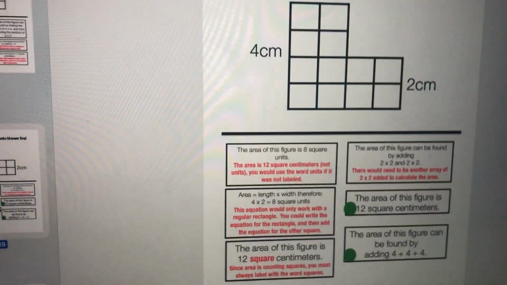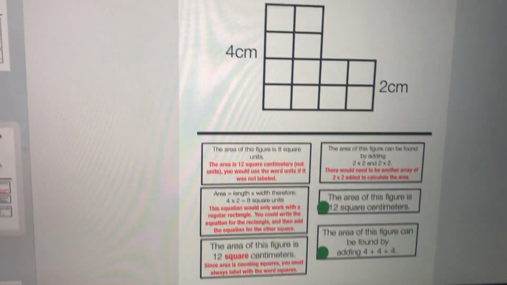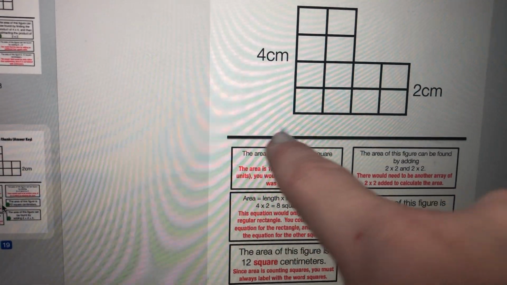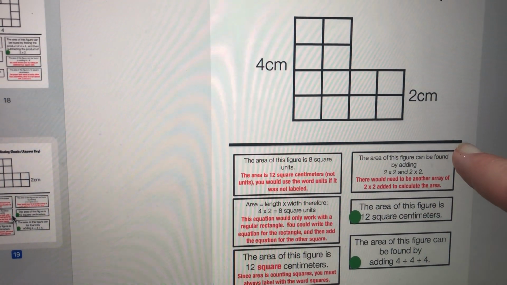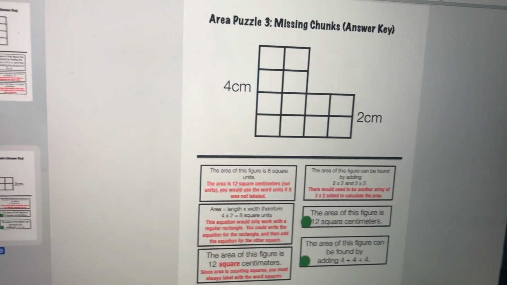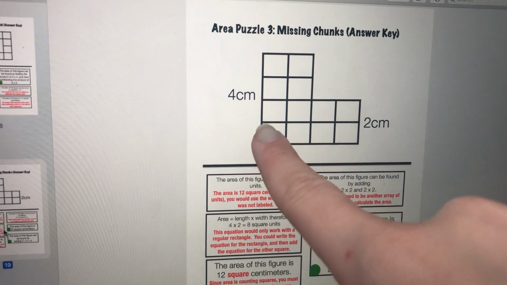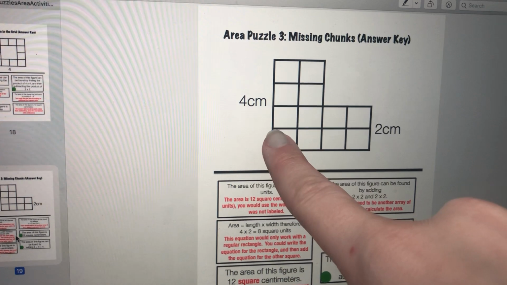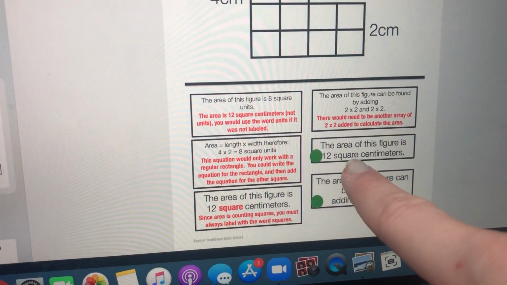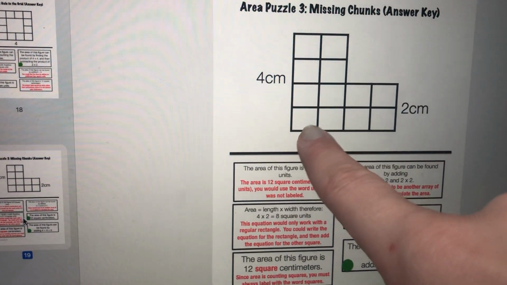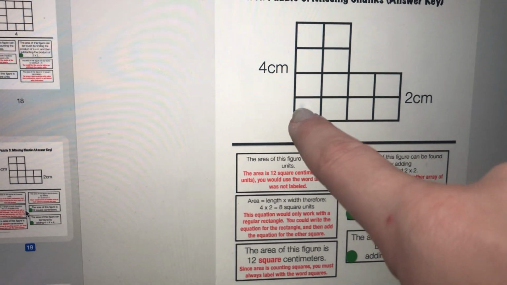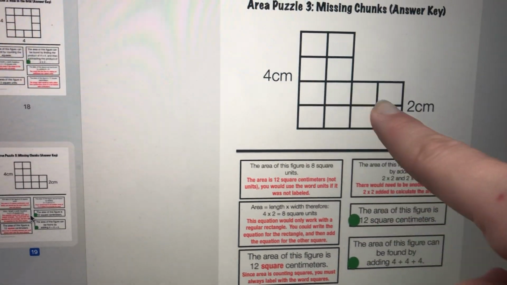Imagine if you were going to get enough carpet to fill your room. Would you want a straight line of carpet that is only 12 centimeters long, just a skinny 12 centimeter line of carpet? Or would you want 12 square centimeters of carpet that were filled in, so the carpet would fill this whole square section all the way up and all the way over?